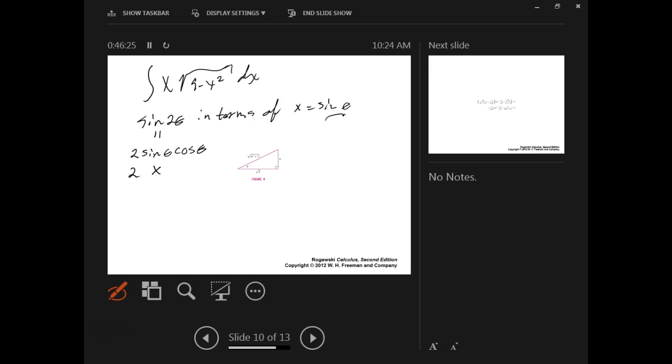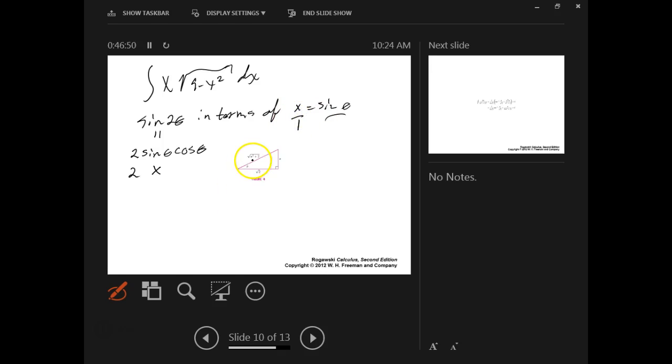Let's draw us a little triangle. Look, when you have these things, draw your triangles. Sine theta is x. We need it as a ratio. So what ratio would that be? X over 1. Yes, let's do that.